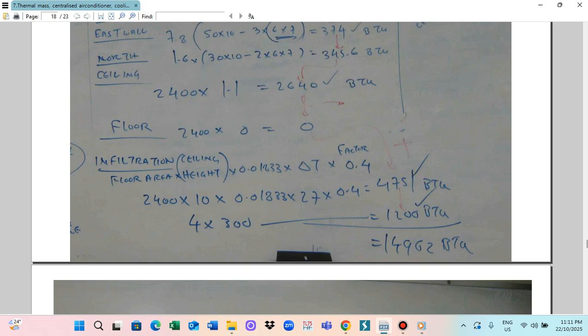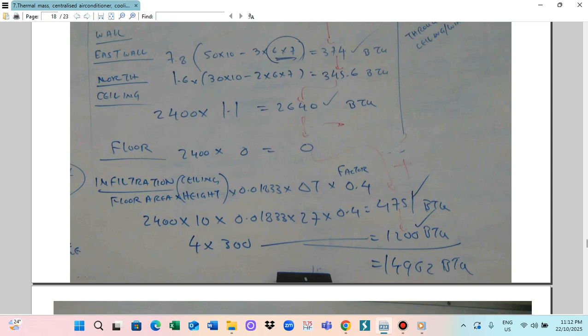Then we add all the heat: 1092 plus 3360 plus 374 plus 2640 plus 4751 plus 1200. So the total heat you can calculate is 14962.